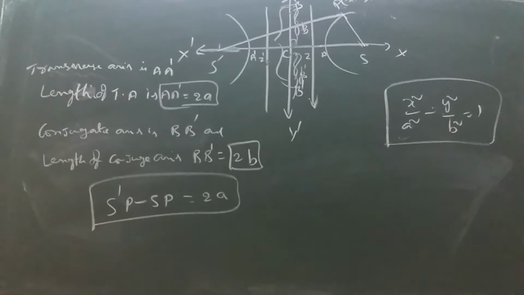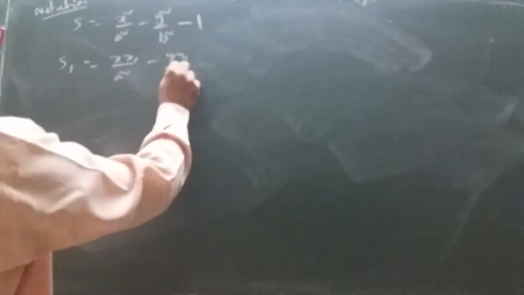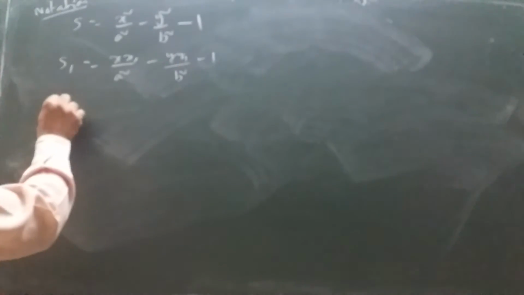Next point is, now we will discuss some notation. If S is equal to x square by a square minus y square by b square minus 1, then S1 notation: already we know very well, S1 is x1 square by a square minus y1 square by b square minus 1.